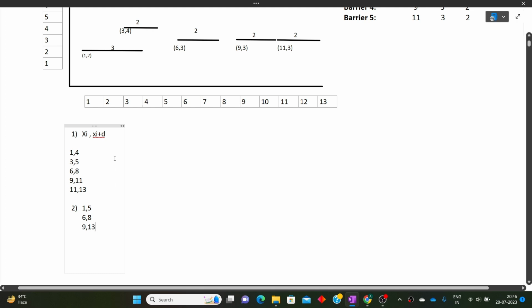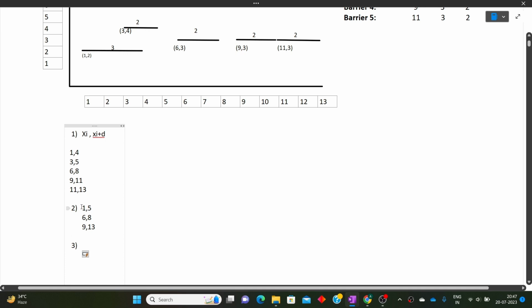Now we have merged these overlapping barriers and found that there are a total of 3 barriers present over the x-axis, and no such overlapping is present now. Our last step will be to find the number of people blocked.